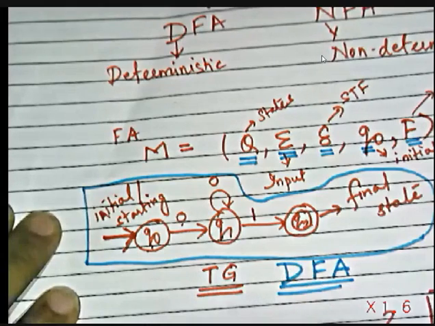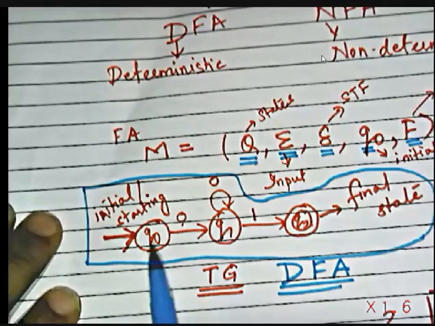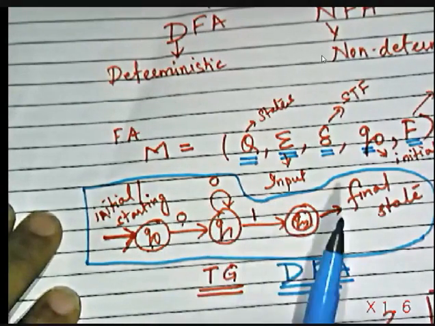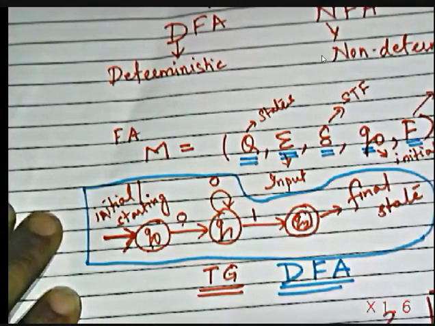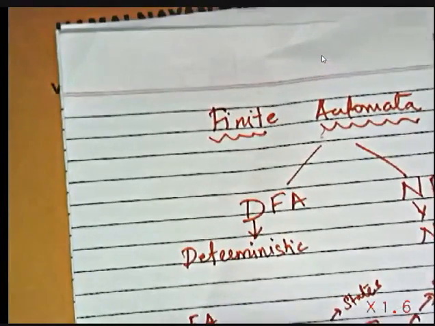There is a possibility of two paths for 0. Such confusions are not there in deterministic finite automata. It is determined that on the current input with the current state, it has to move to exactly a single state. That's why they are called deterministic finite automata.